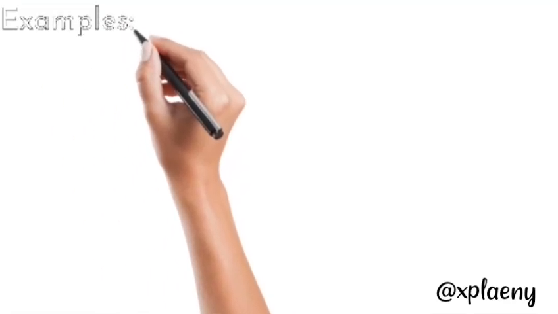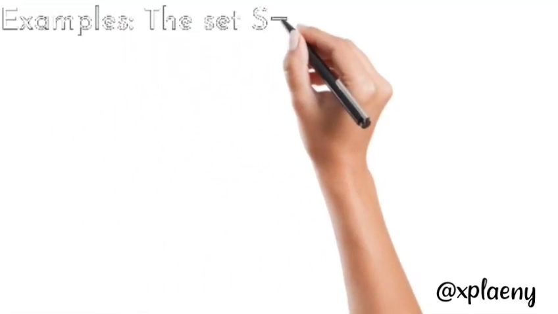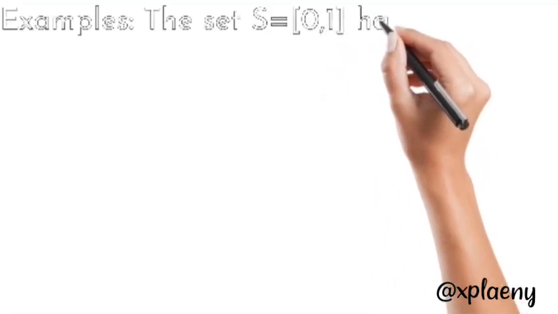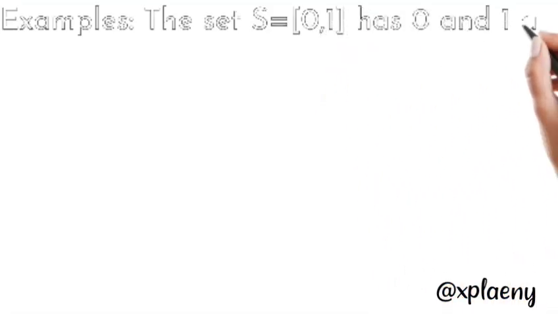Now, for an example, we have the set S. Our set S is considered as the closed interval [0, 1].